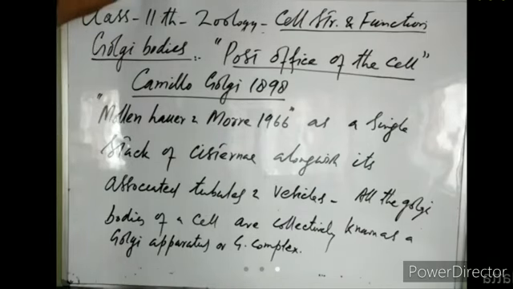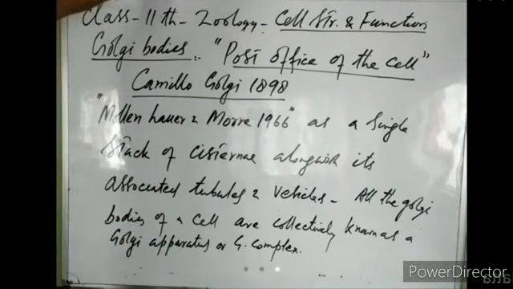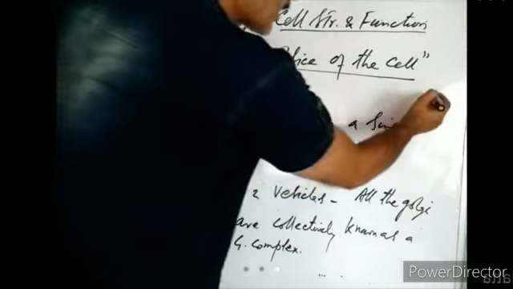So Mollenhauer and Moore described a Golgi body as a single stack of cisternae along with its associated tubules and vesicles.